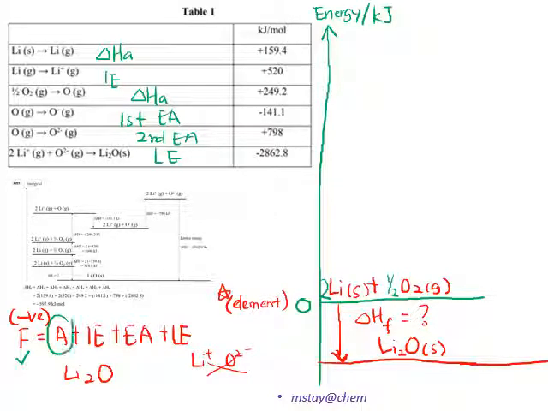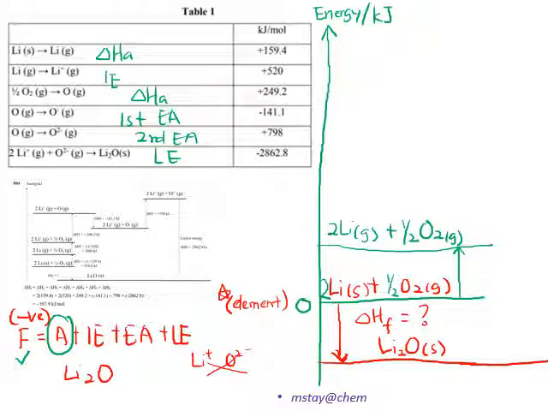Next, we go to the atomization. We do the atomization for the lithium first. From the lithium, we will get 2 moles of lithium gas. Since we do it one by one, oxygen remains unchanged, so we just write down 0.5 mole of oxygen gas first.